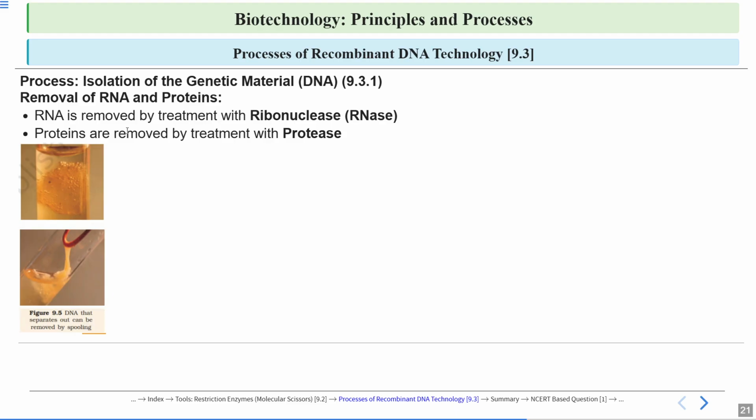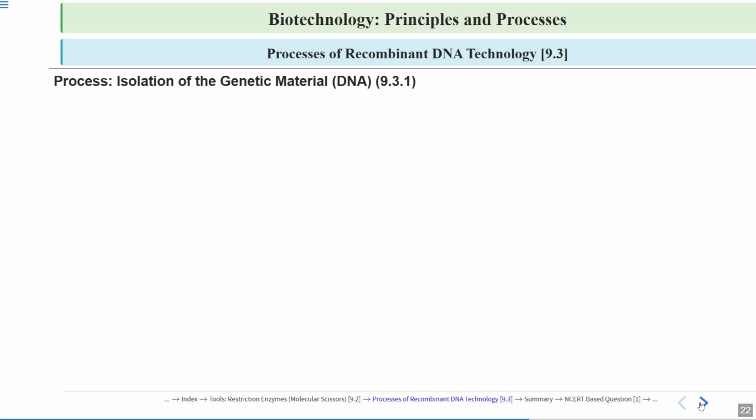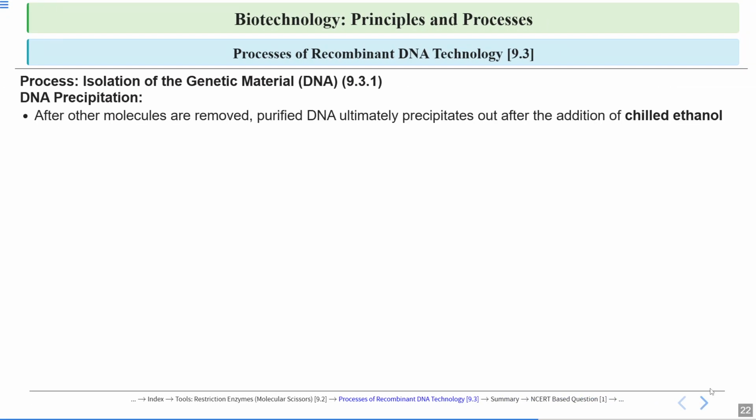This is also an NCERT picture. At last you will get this, and this is what you call spooling. In this, you just take out your DNA. After we remove the RNA, the protein, and all those things, we add chilled ethanol into this solution, and by this the purified DNA precipitates out.